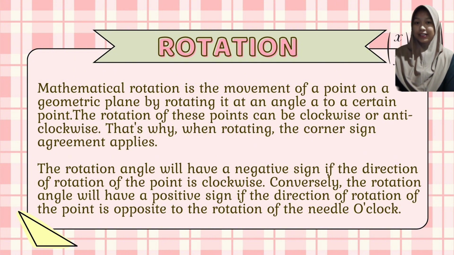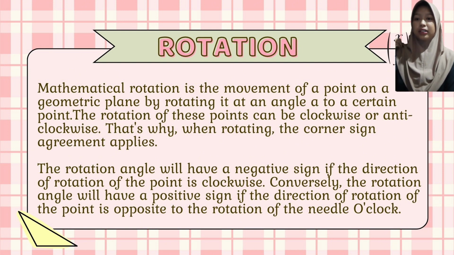What is rotation? Mathematical rotation is the movement of a point on a geometric plane by rotating it at an angle A to a certain point. The rotation of these points can be clockwise or anticlockwise. That's why, when rotating, the angle sign agreement applies.